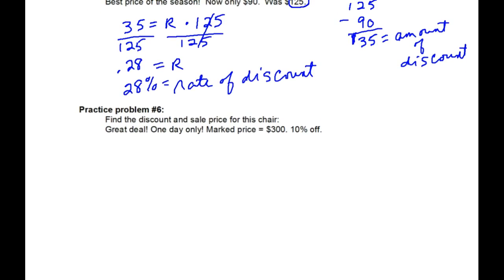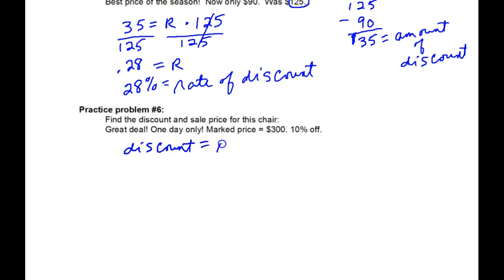Last problem here. We want to find the discount and sale price for a chair. Great deal, one day only. Marked price is the same as the original price, and it's 10% off. So I'm going to find my discount.